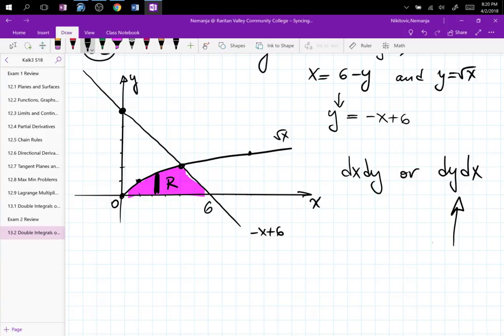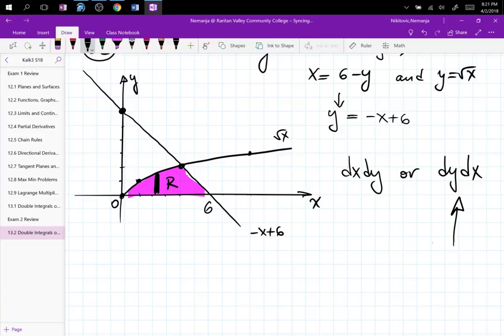That's not a problem. But look what's happening on the top of that representative rectangle. It is going to follow the square root function, and then at 4, it's going to follow the linear function. And that's not good. I mean, you can still solve it, but you need two integrals.